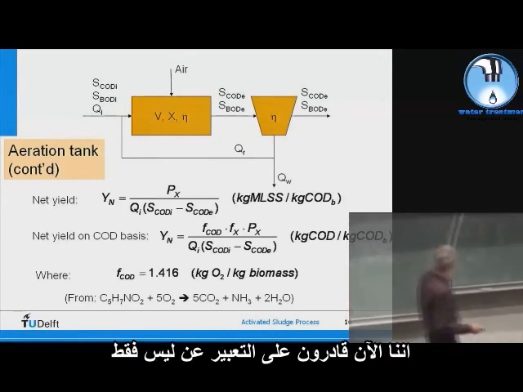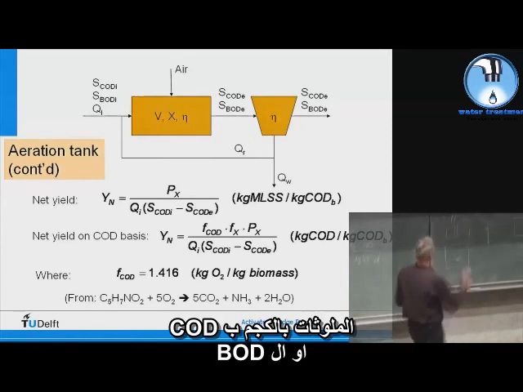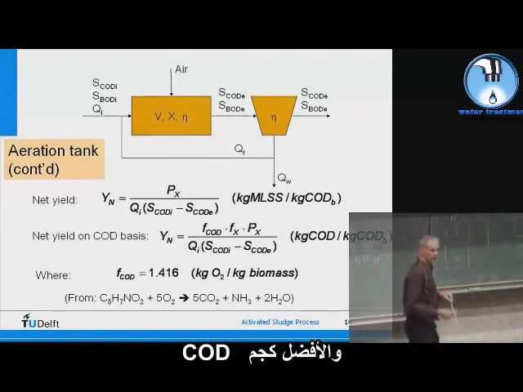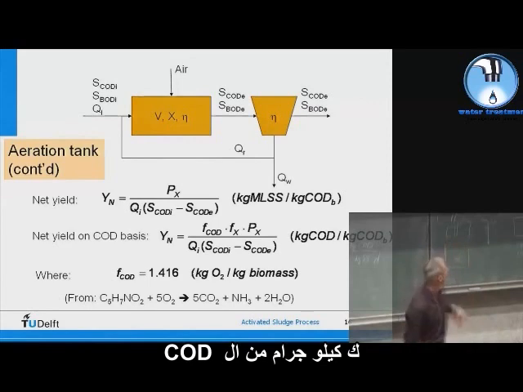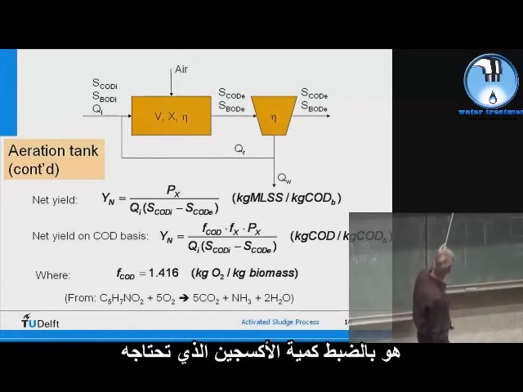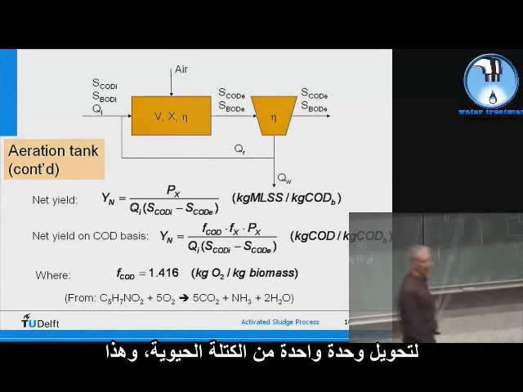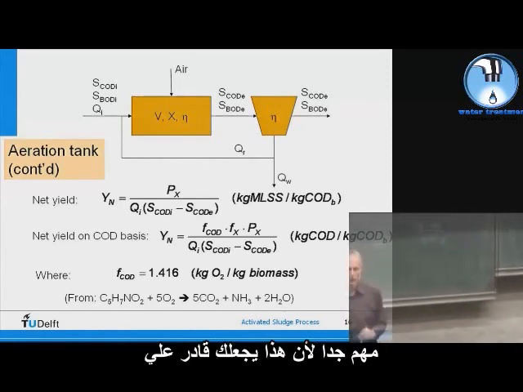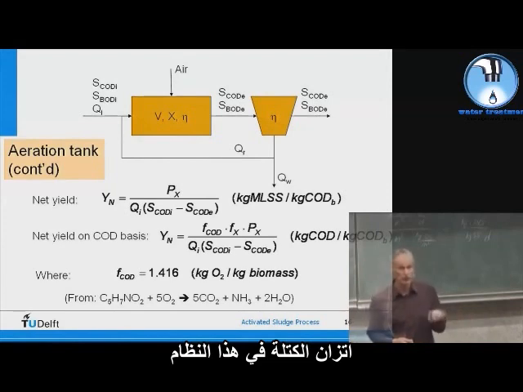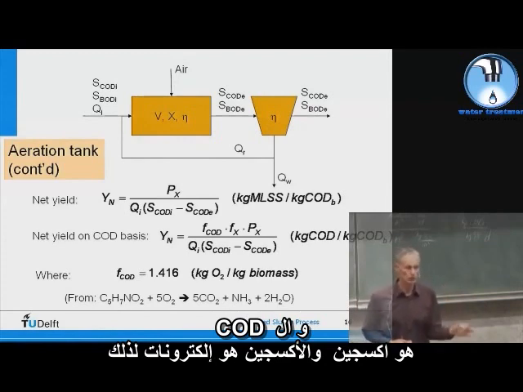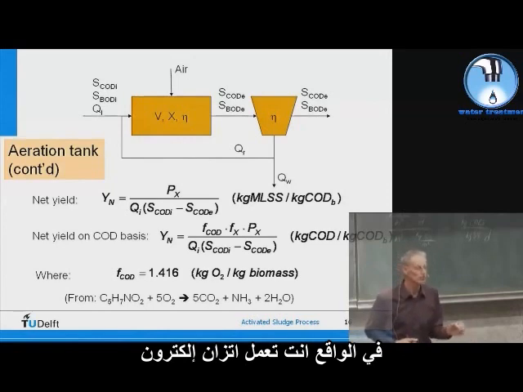Which means that now we are able to express not only the pollutants in kilograms of BOD or, better, kilograms of COD, but also the sludge in terms of kilograms of COD. Because COD, chemical oxygen demand, is exactly the amount of oxygen we need to convert one unit of biomass. This is very important because it enables you to express mass balances of this system in terms of COD. COD is expressed in oxygen, and oxygen, that's electrons. So in fact, you're doing an electron balance.